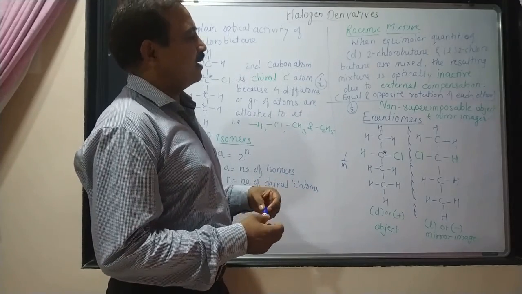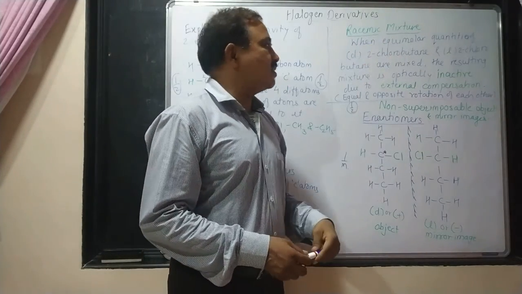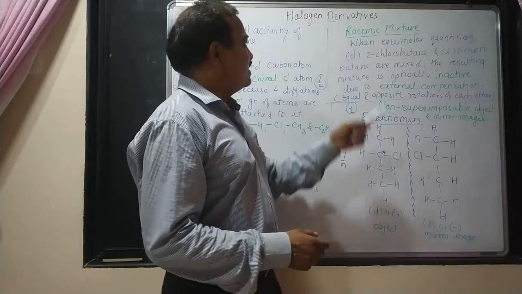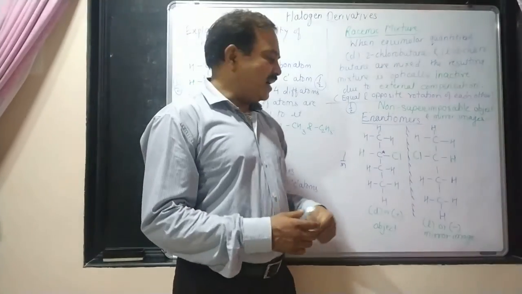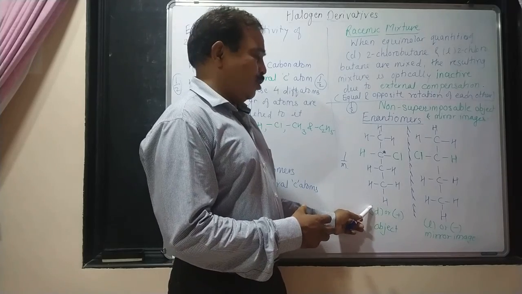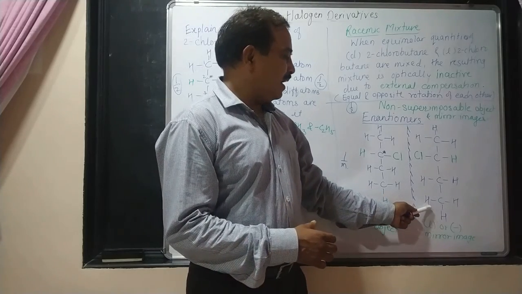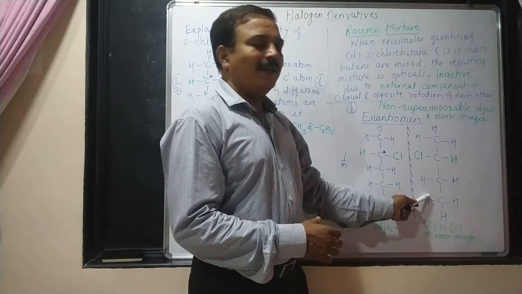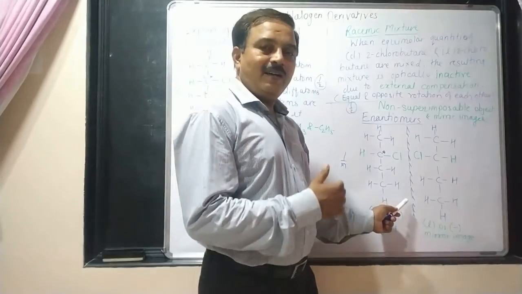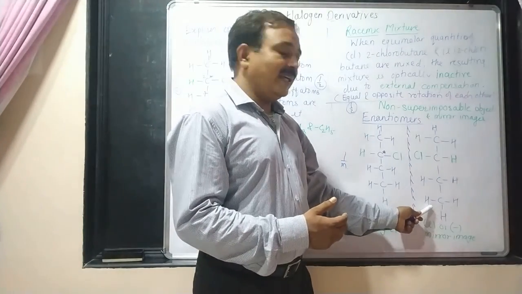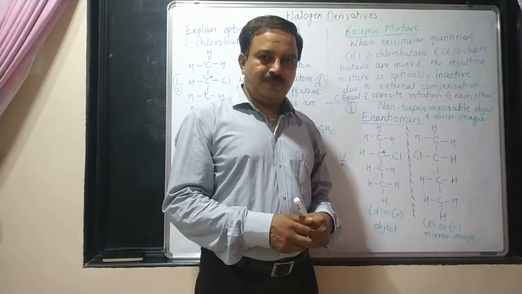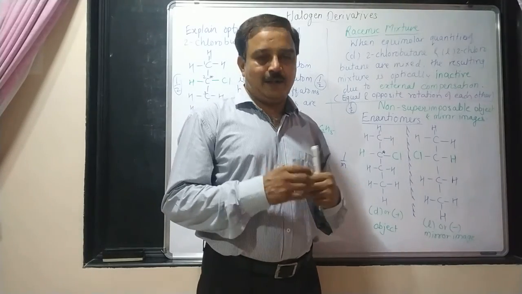Now for the 4th mark, you have to explain the racemic mixture definition. What is called a racemic mixture? First of all, let us try to understand. If I take an equimolar, 1 molar dextrorotatory 2-chlorobutane isomer and an equal amount of 1 molar levorotatory compound, say 10 ml of dextrorotatory with molarity 1 mole and 10 ml of 1 molar levorotatory 2-chlorobutane, and mix them together, the resulting mixture will be optically inactive.